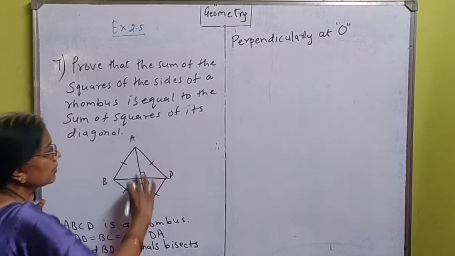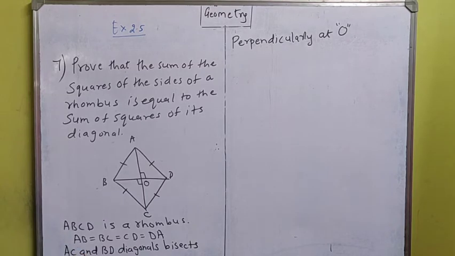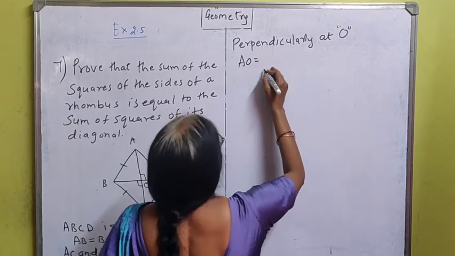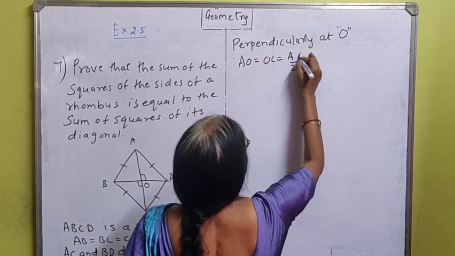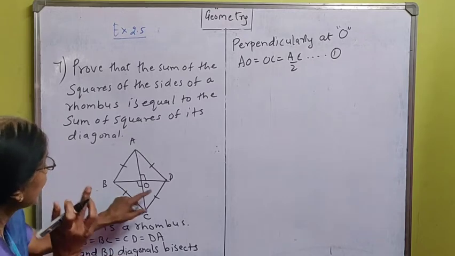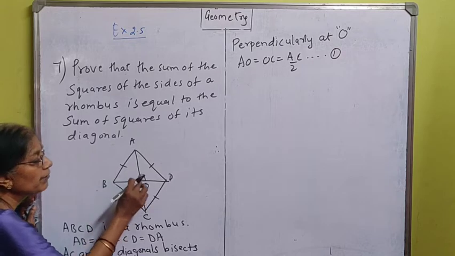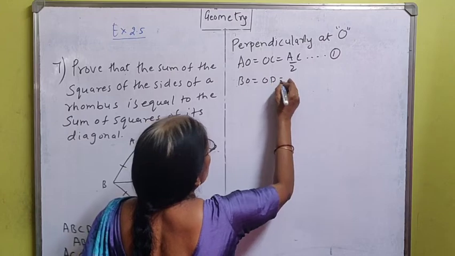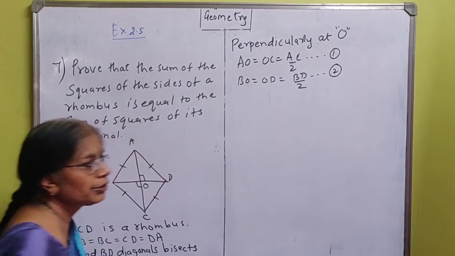AO is equal to OC is equal to half of AC. I can write that down also because they are bisecting perpendicularly. So I can show that AO is equal to OC is equal to AC by 2. This is your equation number 1. Second, what you can show, same way the other diagonal is BD. O is a midpoint. So you can show BO is equal to OD is equal to BD by 2. That is your equation number 2.